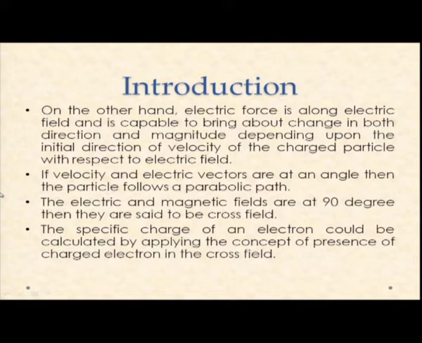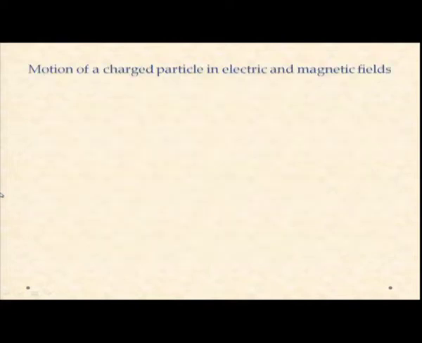Now we will get into some mathematical calculations of the motion of a charged particle in electric and magnetic field. For that, assume a charged particle, which may be a positive charged particle. This positive charged particle moves in a parallel electric and magnetic field. This is the electric field and this is the magnetic field.